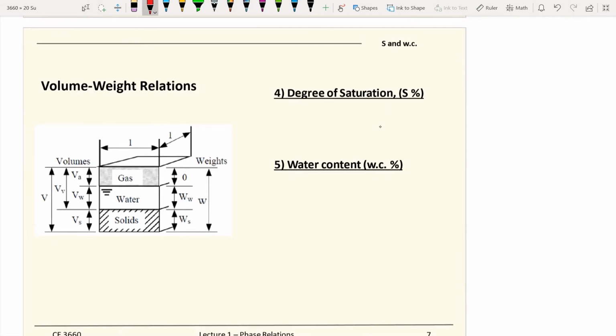The definition of saturation is equal to the volume of water divided by the volume of void. We try to represent how much void is occupied by the water in terms of volume. Imagine if all the void is occupied by water, then you will have 100% saturation. So this is fully saturated.